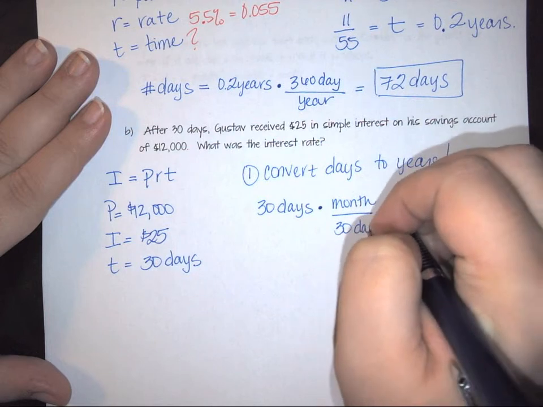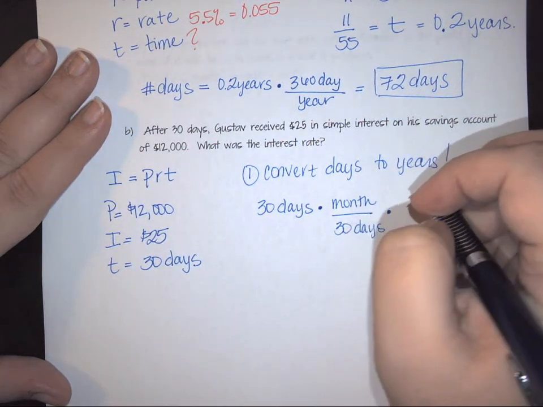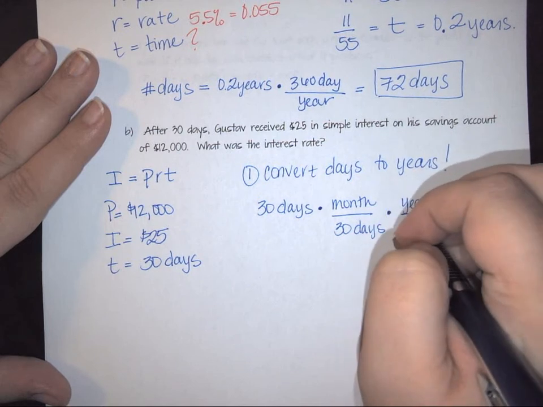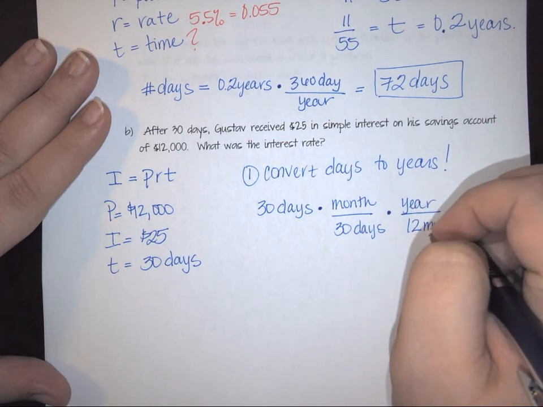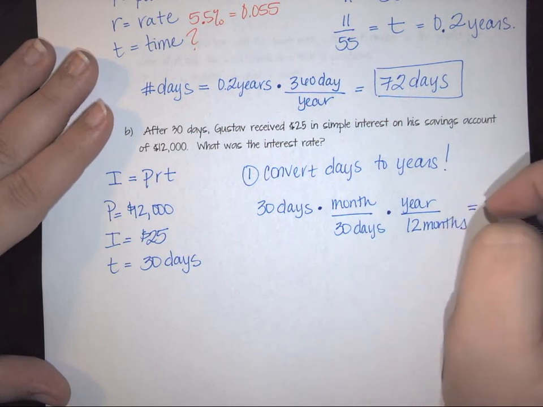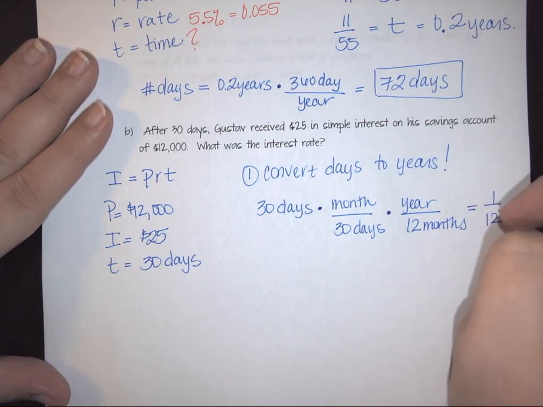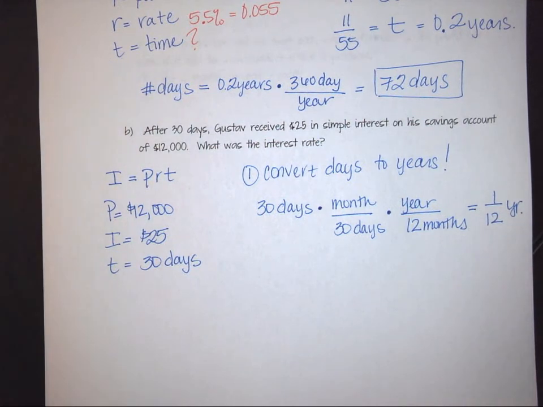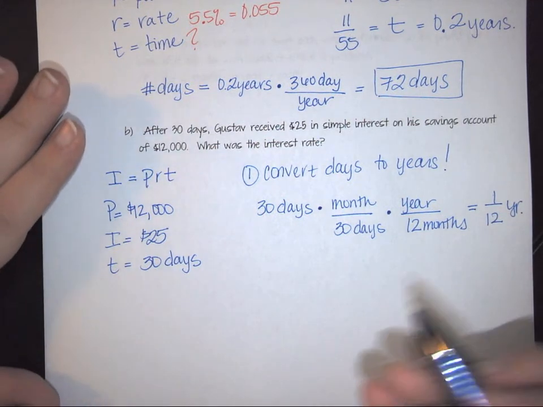We multiply that by 1 year per 12 months. And that is going to give us 1/12 of a year. Okay? So that's what we have to use.